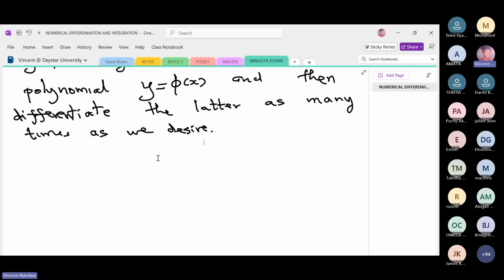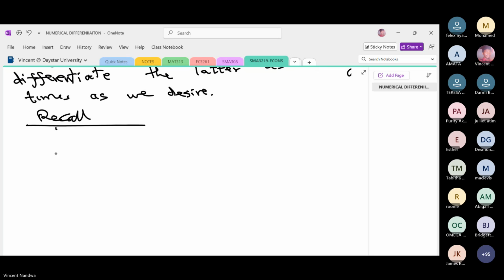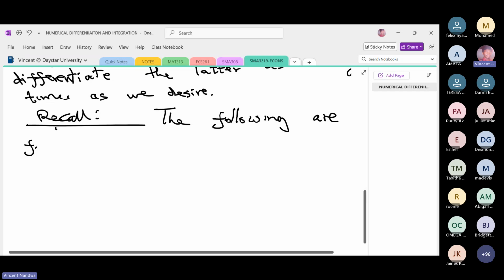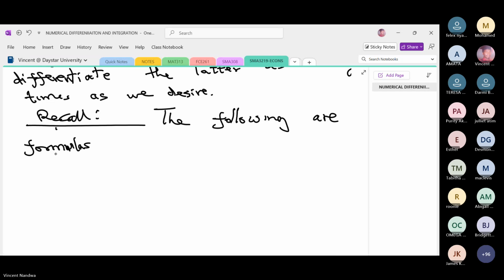So when do we apply the Newton forward interpolation formula? Just as a recall, the following are interpolation formulas.